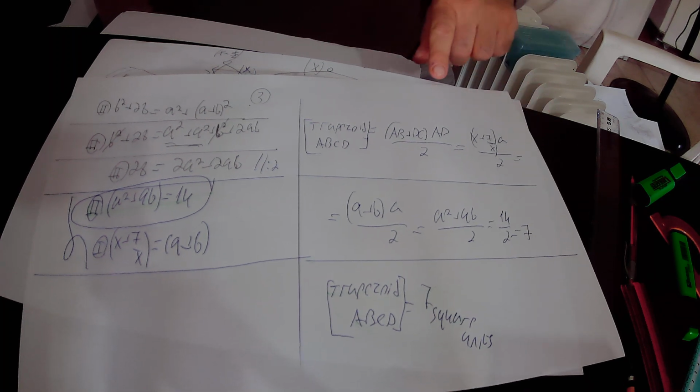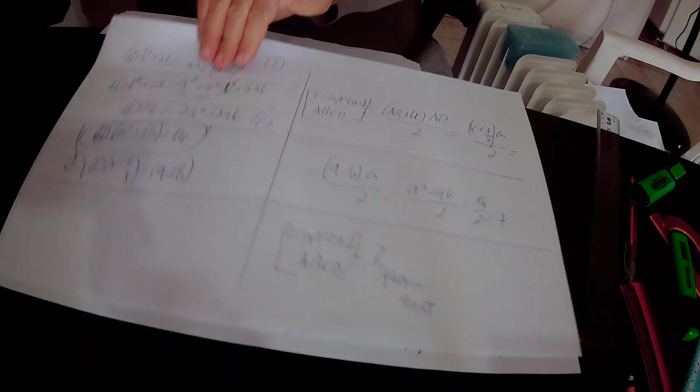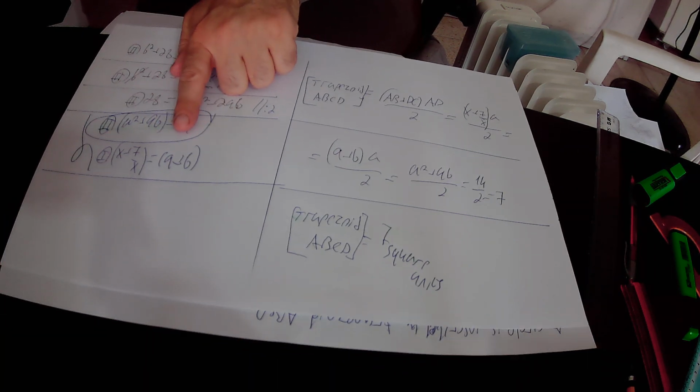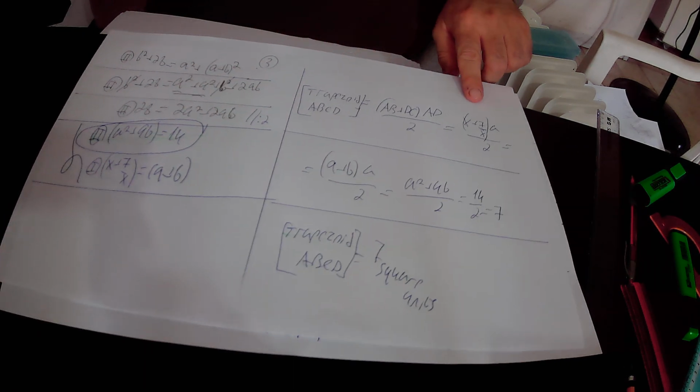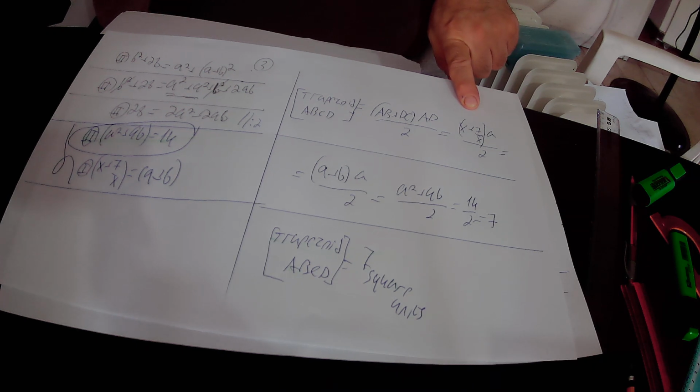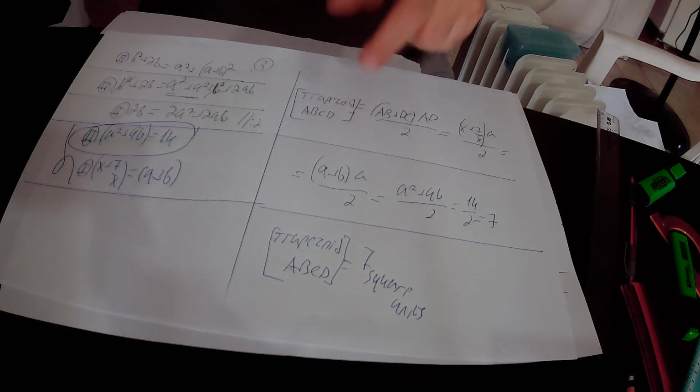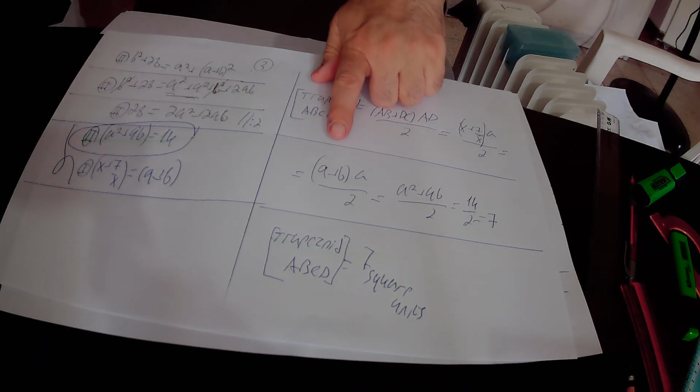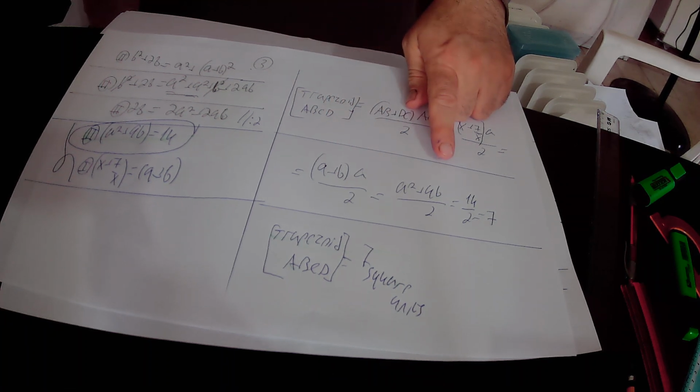But according to equation 1, we have already found that x plus 7 over x equals A plus B. Therefore, we can substitute x plus 7 over x by A plus B. We did it, and found that the area is A plus B times A over 2. Here we open the brackets and find A square plus AB over 2.